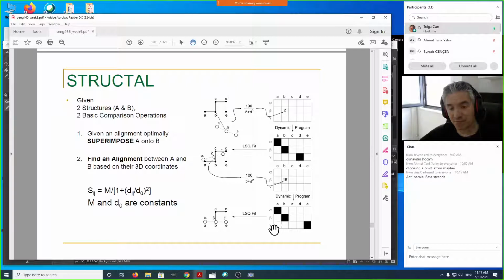When we run the dynamic programming again, it will probably return the same set of matches, and at that point, it will converge.